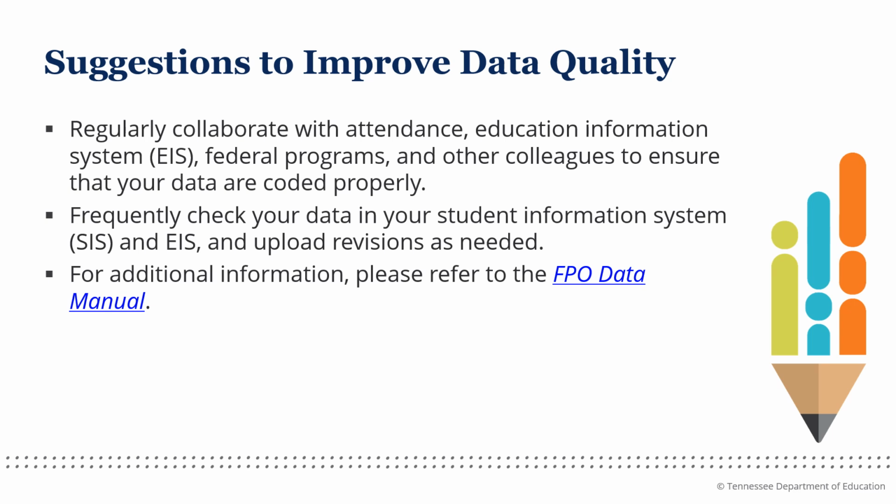It could be that what you're seeing in your student information system has not uploaded to EIS the way you expect due to some sort of error. So it's important to check your data regularly in the student classifications research query and upload revisions as needed. For additional information about the collection, please refer to the FPO Data Manual.